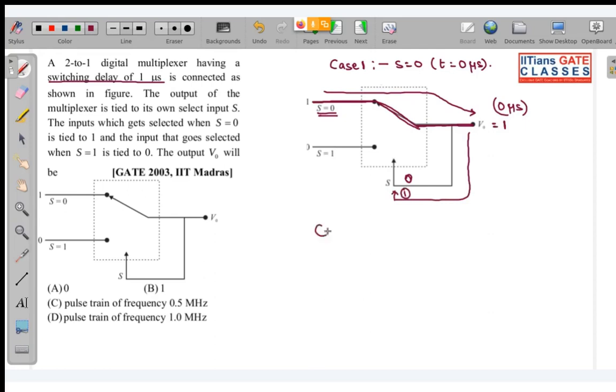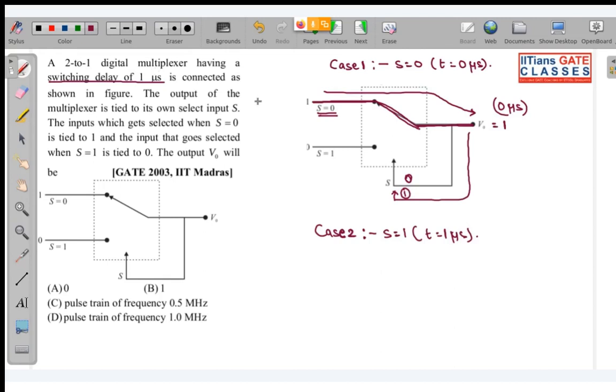So case 2, that is S equal to 1, it will happen after 1 microsecond. Immediately this output is 1, and this S line becomes 1 after 1 microsecond because it is given in the question that there is a switching delay.